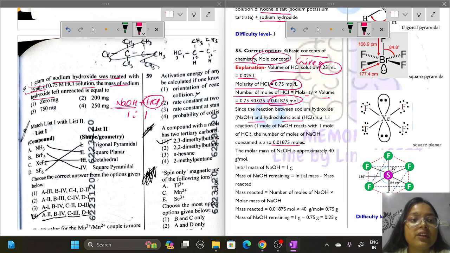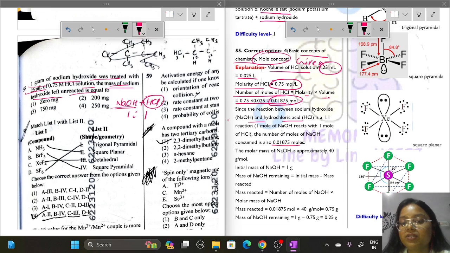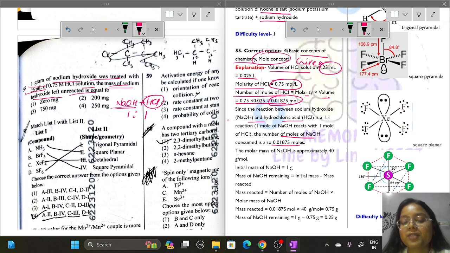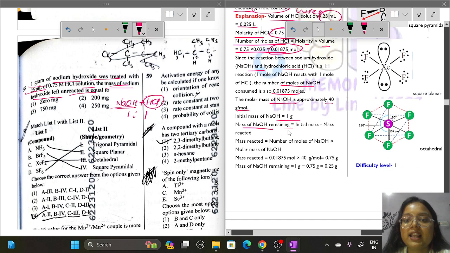Yeah. So it is asked the mass of sodium hydroxide which is left unreacted. We have found out the number of moles of NaOH also, so we will calculate it by subtracting it from the total. The molar mass of NaOH is approximately 40 gram per mole, this we know, and the initial mass is 1 gram. So the mass of NaOH remaining will be the initial mass minus the mass reacted.